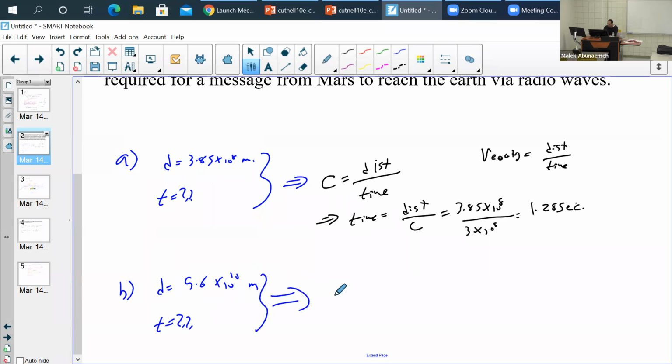Again, your time is your distance over your velocity, which is going to be your c. So it'll be 5.6 times 10 to the 10 divided by 3 times 10 to the 8. So we should get 190 seconds.